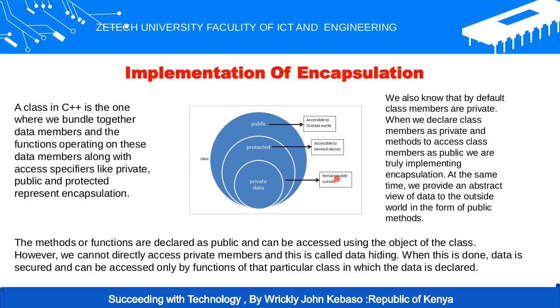So in action, that is how encapsulation is actually implemented. Declaring variables in the private section, you are actually encapsulating them further. Okay? So here we are saying that public, protected, and private normally are used to represent encapsulation.